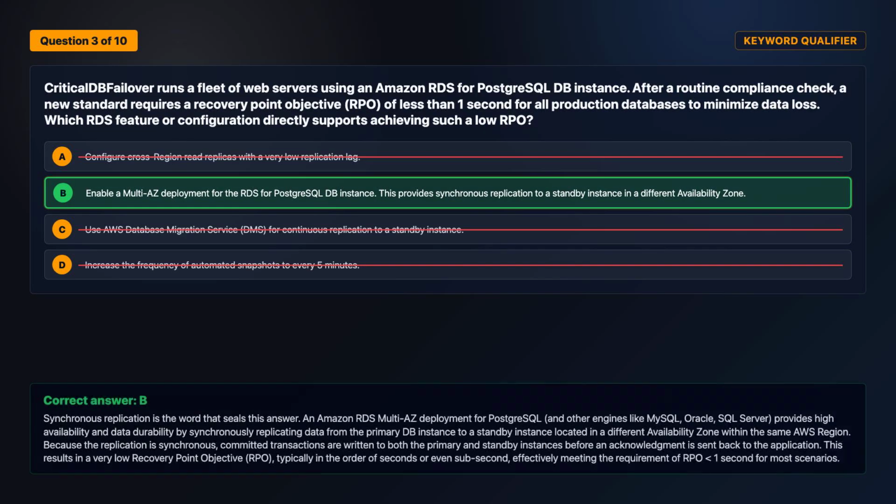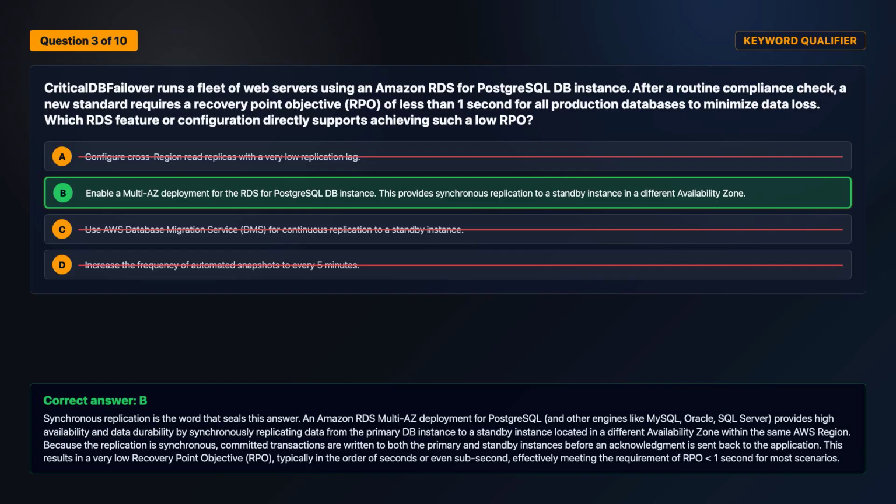The correct answer is option B. Synchronous replication is the word that seals this answer. An Amazon RDS multi-AZ deployment for PostgreSQL and other engines like MySQL, Oracle, SQL Server provides high availability and data durability by synchronously replicating data from the primary DB instance to a standby instance located in a different availability zone within the same AWS region.